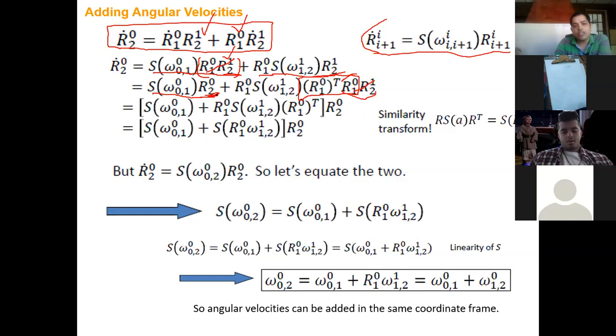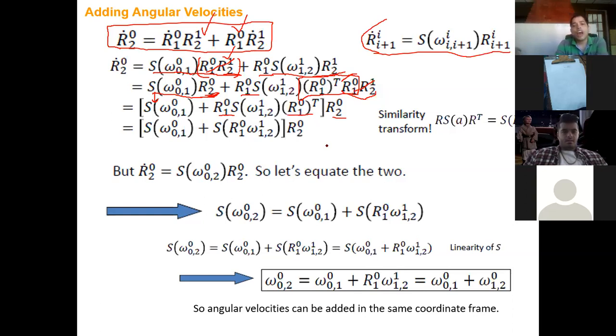What are you left with? S in the first term, then R20 factored out, then R1 S, and what is left here is R10 transpose.